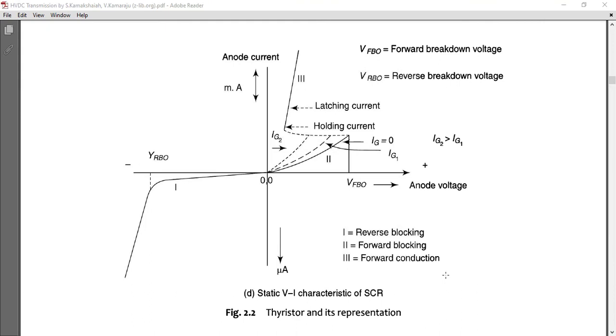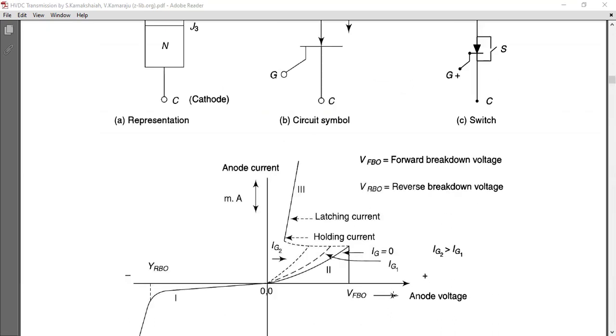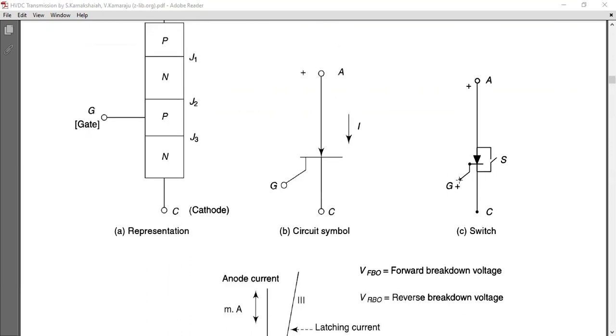First one is, if you exceed the forward break over voltage, then it comes to the on state. Or if you give some gate pulses, gate current, or gate triggering, it will turn on.